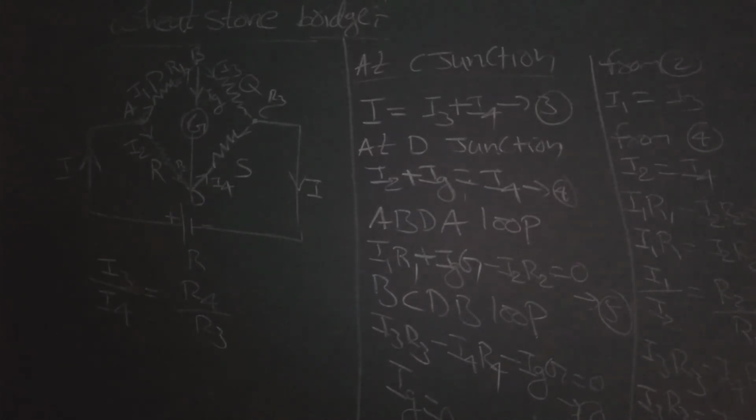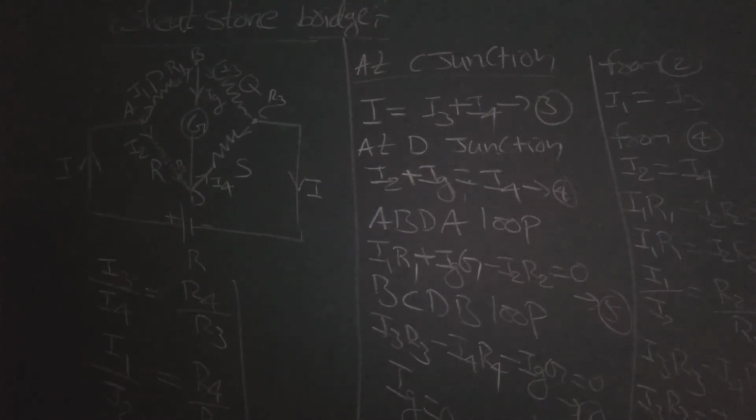From above, we know I3 is nothing but I1 and I4 is nothing but I2, so I1 by I2 is equal to R4 by R3.